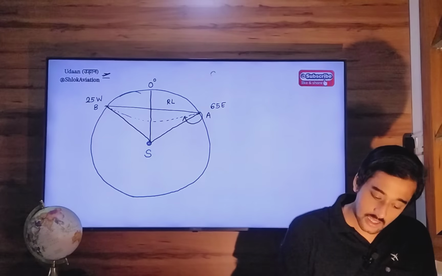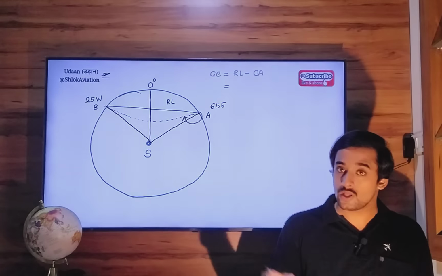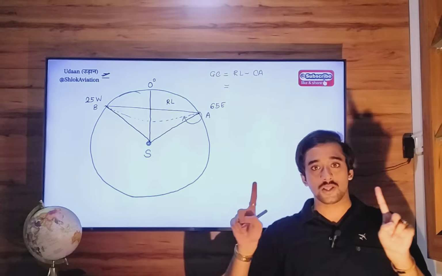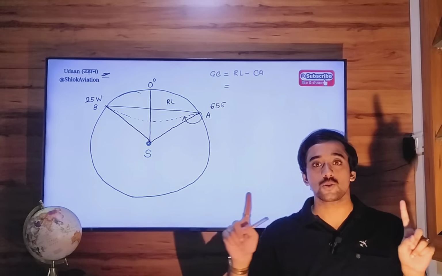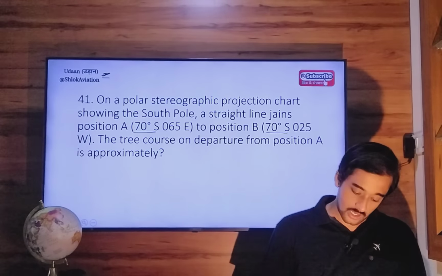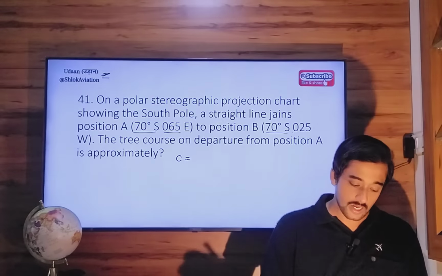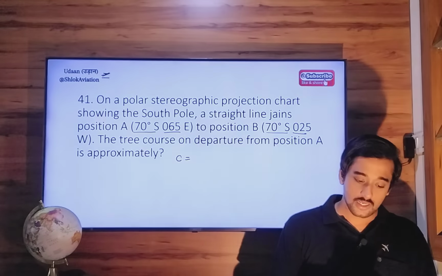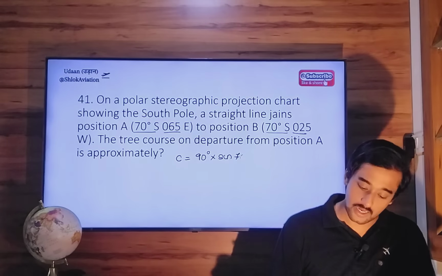This great circle track is nothing but the line track minus the convergency angle. We know that the line track is 270 degrees because both are located on the same latitude, and you are traveling from the eastern hemisphere to the western hemisphere, so you will be flying a 270 direction. Convergency here is d long, 65 east, 25 west, so 65 plus 25 is equal to 90 degrees, into sine latitude, sine 70.